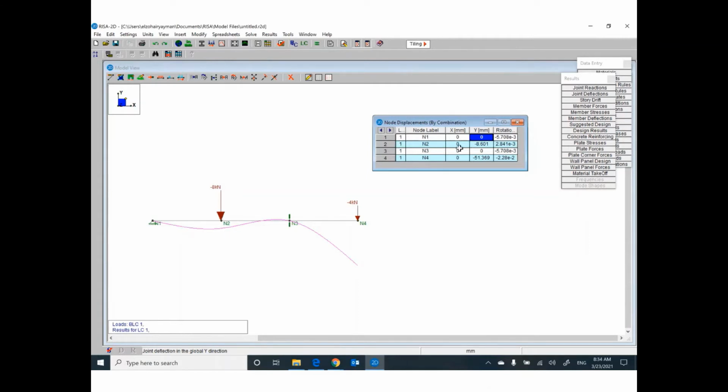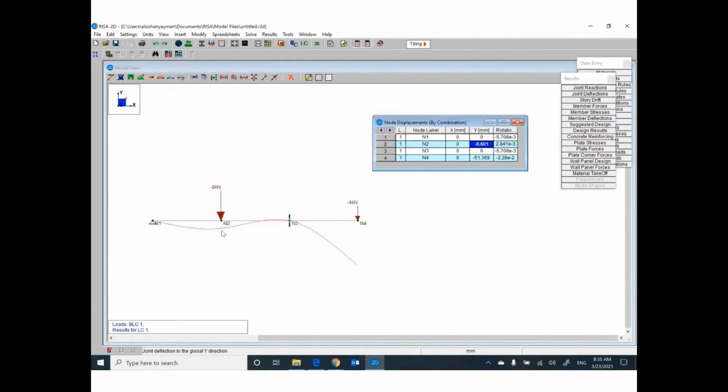Here you go. In X direction does not move. That makes sense. In Y direction, which is vertical, moved down. How much? Negative means down. 8.6 millimeter. So node number 2 moved down.